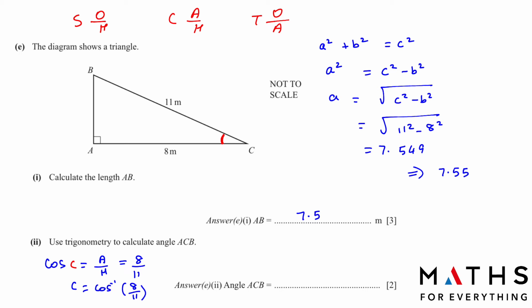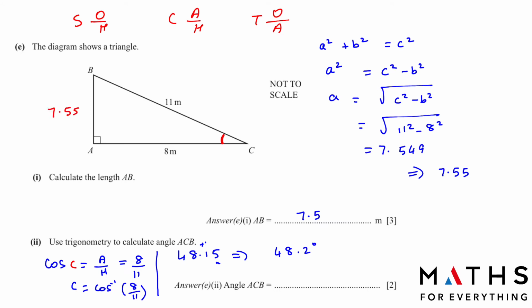Let's see what we get. It's 48.15. You have to be careful with the rounding. Either you write it as 48 degrees, or if you're rounding it to one decimal place, it will be 48 point, this is a 5, so you have to add 1 here, 48.2 degrees.